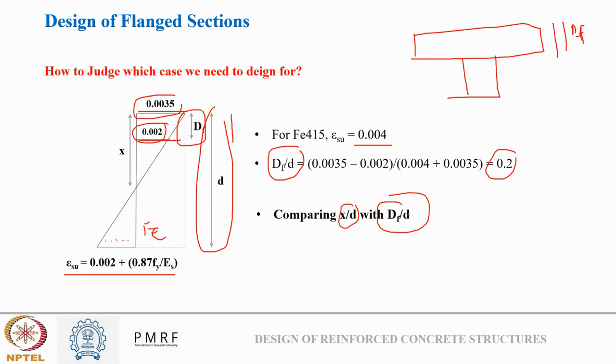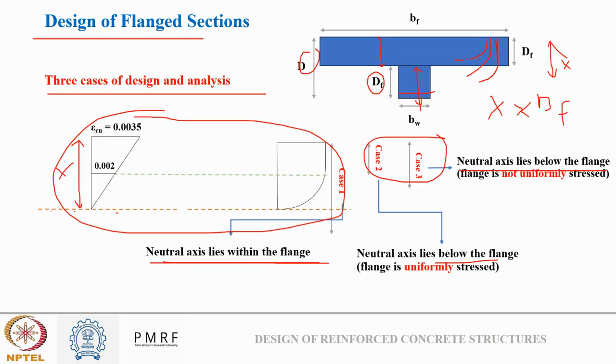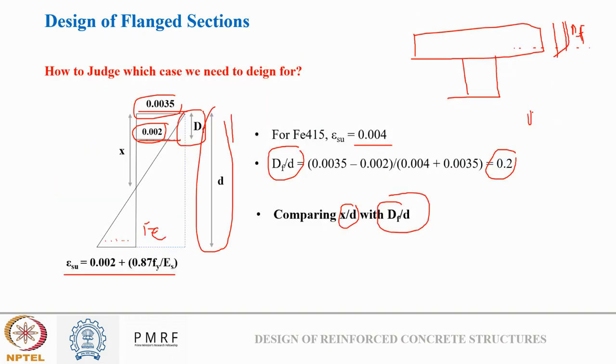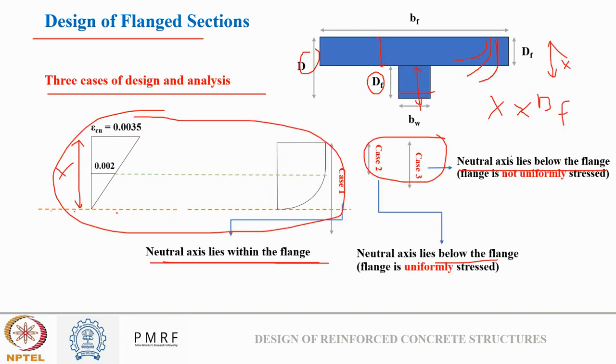Now, if my Df by d is less than 0.2, then I can say that some part of that non-uniform stress will also come in the flange part. So I will belong to case 3. But if my Df by d is greater than 0.2, then I will say that my flange is uniformly stressed and the non-uniform part will come in the web. Okay, so this is how we distinguish between case 2 and case 3.